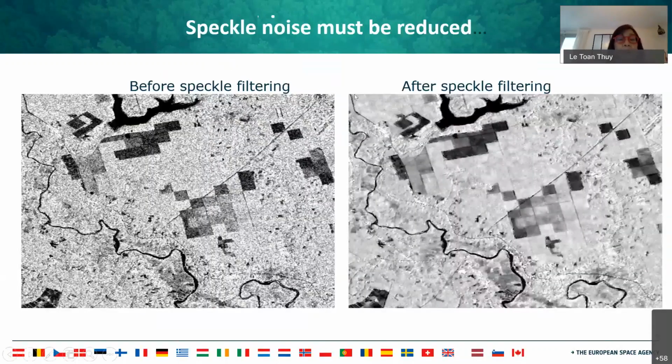And here we say that with the speckle noise, after speckle filtering, when we reduce the noise, you can better interpret the image, and you can also do the retrieval or classification, because it's not convenient if you go to a small field and there's a value very low or very high inside a homogeneous area. And here is some kind of smoothing.